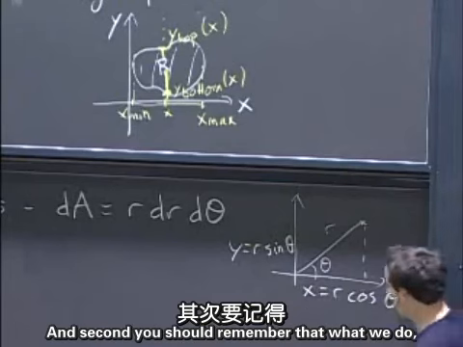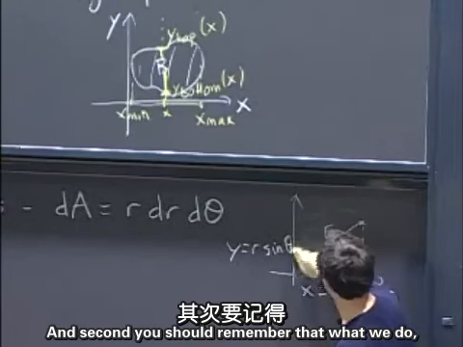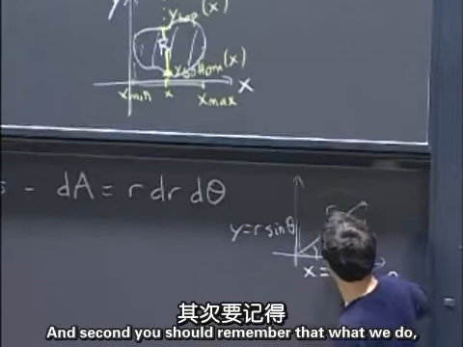And second, you should remember that when we have our region, for a fixed value of theta, we look for the bounds for r just like before. So the way we're slicing the region is now we're actually shooting rays straight from the origin, and in a given direction, we're asking ourselves, how far does my region go? So you have to find whatever the value of r will be out here as a function of theta.